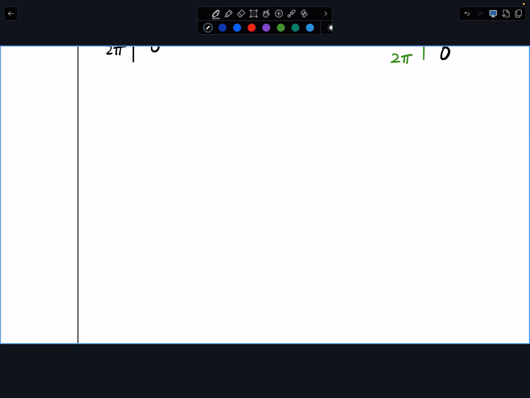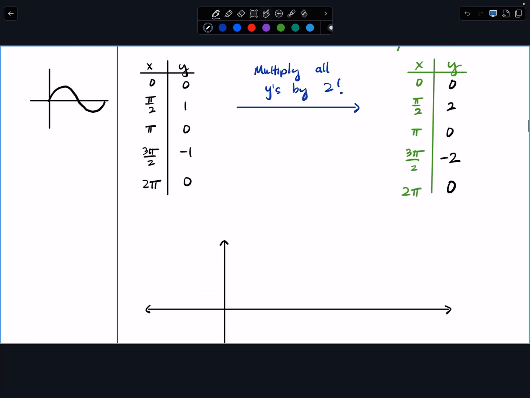So I want you guys to draw something that looks like that. And so I don't have to keep scrolling up and down, I'm going to copy and paste my table.